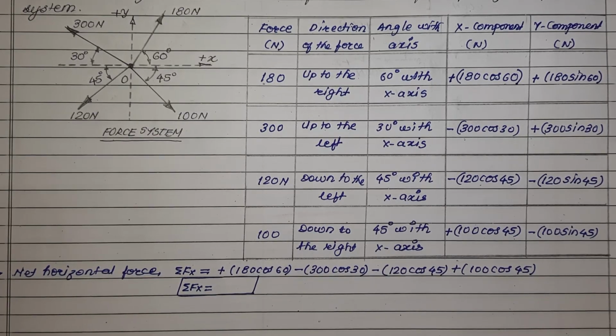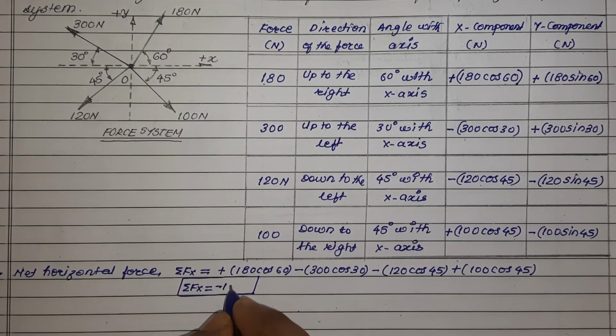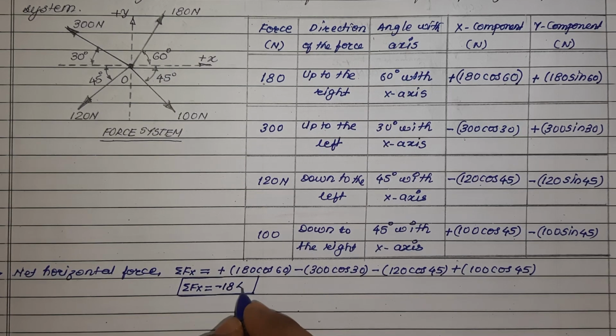Sigma Fx comes out to be minus 184 Newton. This minus sign indicates the force is going to be leftward.